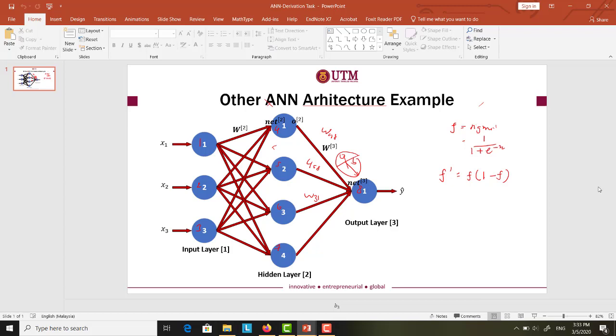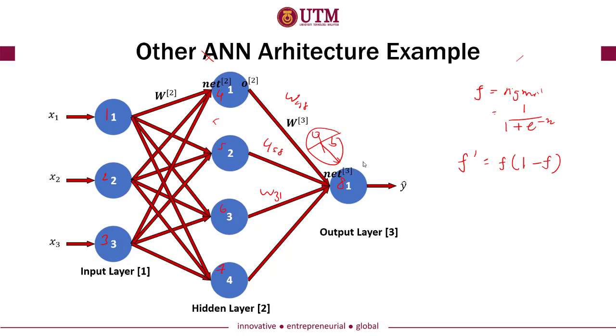Okay, again, this is the network that I gave to you, which is a little bit different from the example that I gave in the previous lecture. But it is actually the same ANN, which is considered a multi-layer perceptron. Because you have a hidden layer, any network which has a hidden layer is under the category of MLP, a multi-layer perceptron.